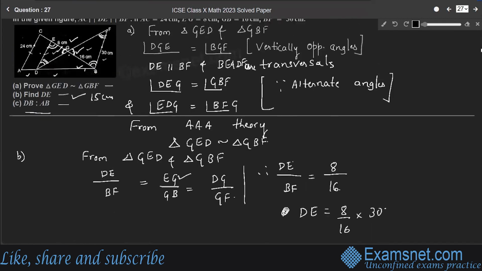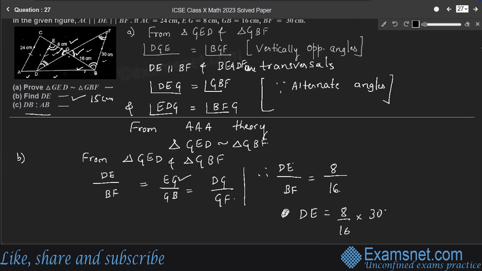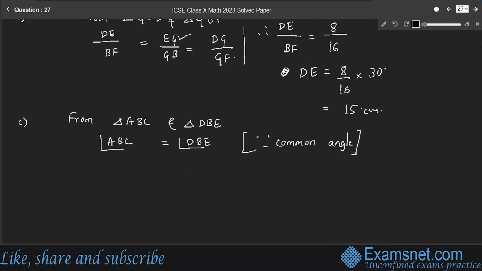And angle CAB is equal to angle EDB, because corresponding angles. Sorry, corresponding angles.